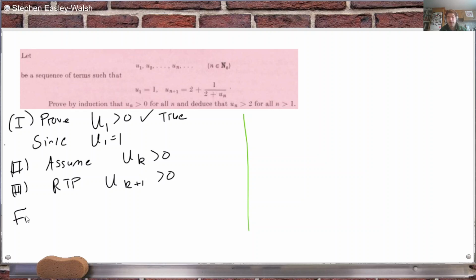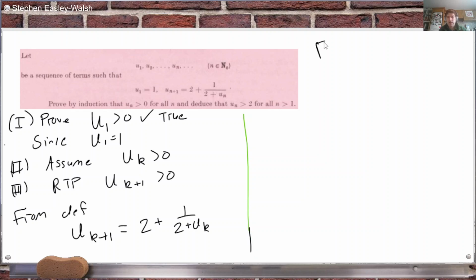So from the definition, you're told that UK plus 1 is equal to 2 plus 1 over 2 plus UK.